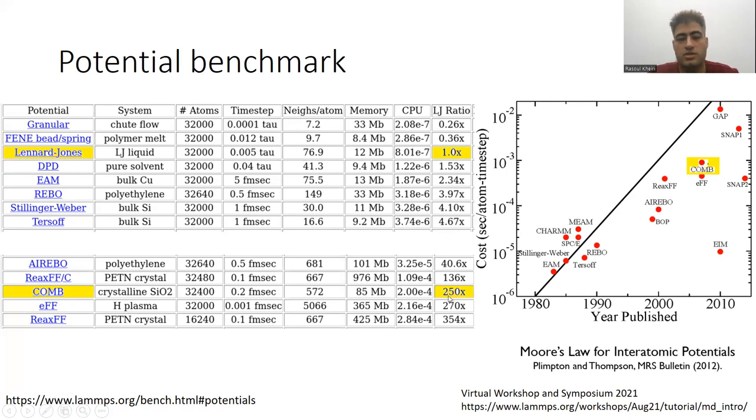So as a disadvantage, this potential can be time costing, but the advantage is that it's a good potential, here referred to the machine learning potentials. So it shows that it's an exact potential.